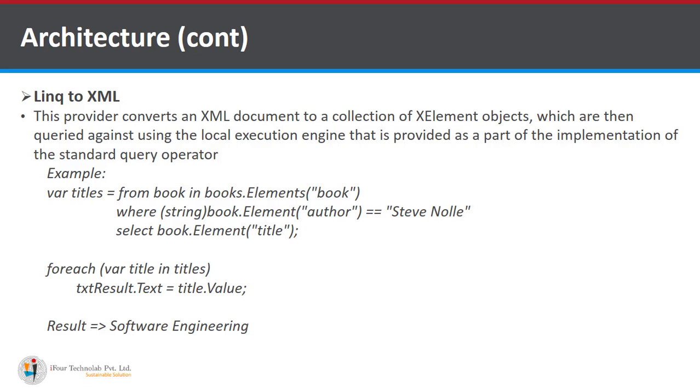Here book is an alias of books, where book.Element("author") equals Steve Nolle. So only the author equal to Steve Nolle will be filtered. Select book.Element("title"). I just want the title column, so only the title column is selected. Now I do the same thing with a foreach loop for the variable titles. So at the end I will get the result of books having author Steve Nolle.